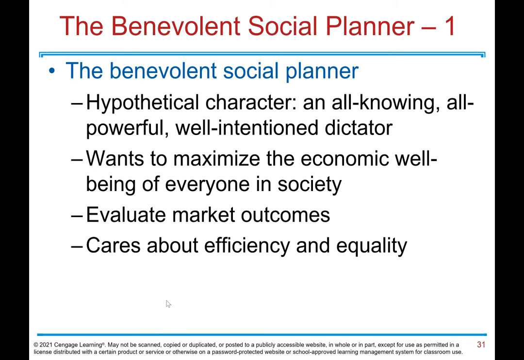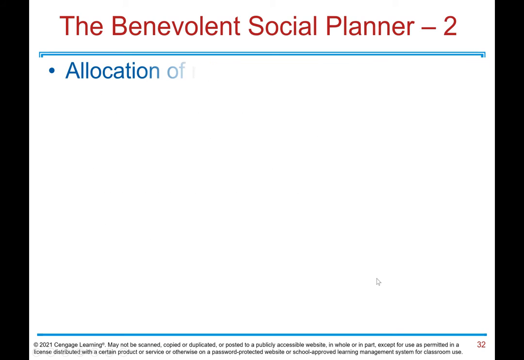Benevolent social planner. The benevolent social planner is a hypothetical character, an all-knowing, all-powerful, well-intentioned dictator who wants to maximize the economic well-being of everyone in society, evaluate market outcomes, and cares about efficiency and equity.